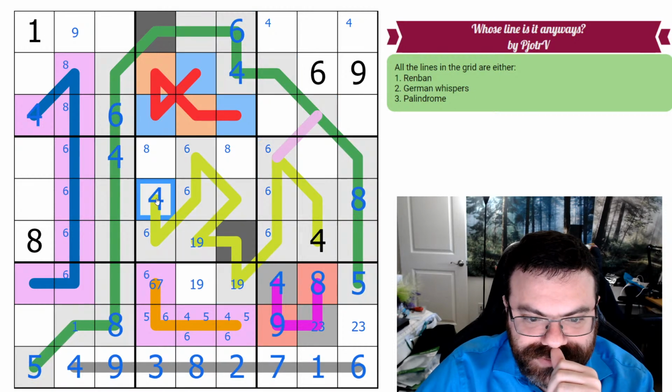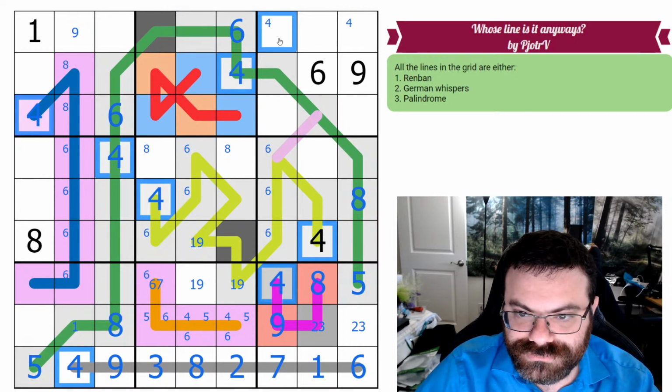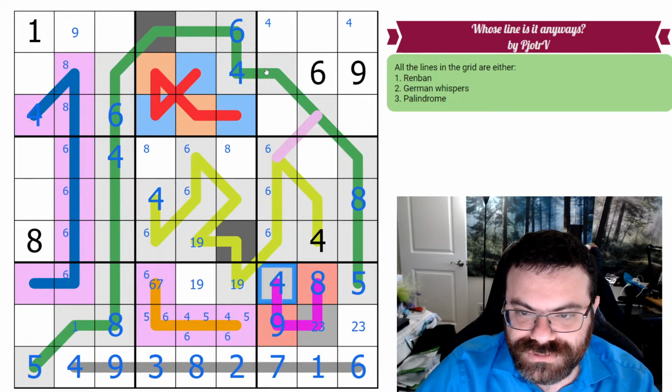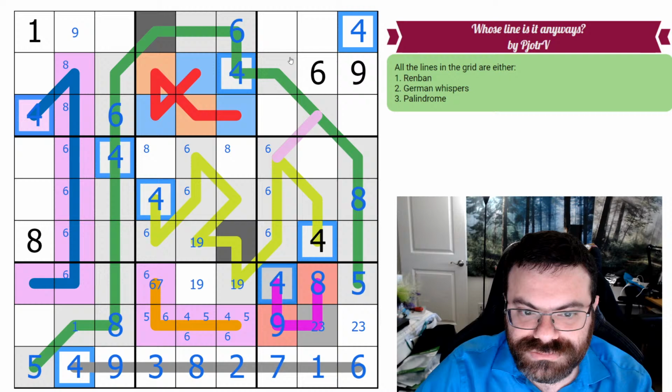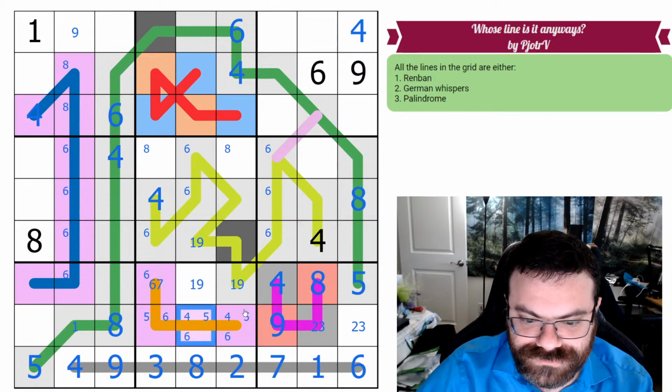I can finish the 4s, really? Oh, this 4 now sees up here. So this is a 4. And that puts a 4 here.